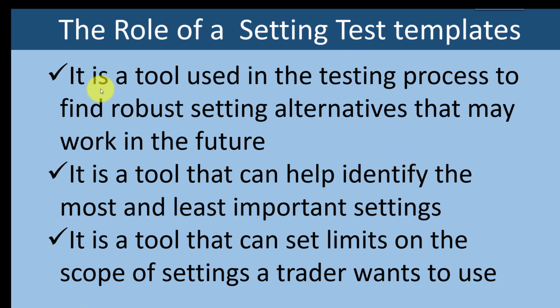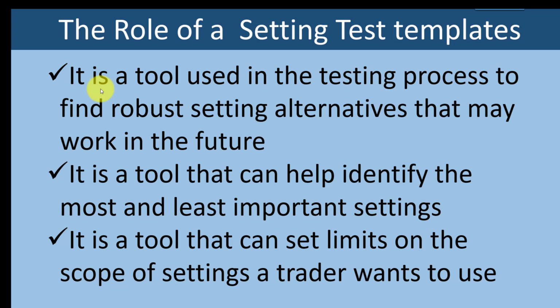So the setting test template is basically a tool used in the testing process to find robust settings, alternatives that may work in the future. Now, the more alternatives you can create, the better your decision making can be. The more you've got to choose from, the more refined your drawdown statistics can be, your equity chart statistics can be, and that type of thing.